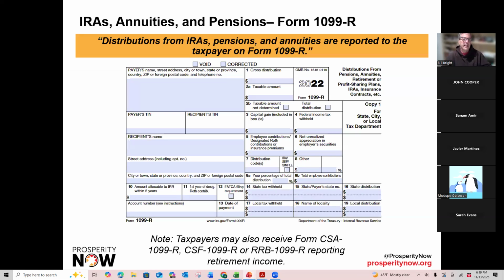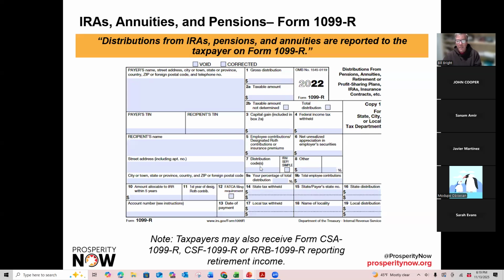So the Carpenters Union has a small pension plan, and the gross distribution and the taxable amount in our world is almost always there. Generally, it's very close between what the taxable amount is and the gross amount. If they have an IRA, which most of our folks don't, it generally comes out gross and the taxable amount will be the same. There should be some federal tax withheld, hopefully.